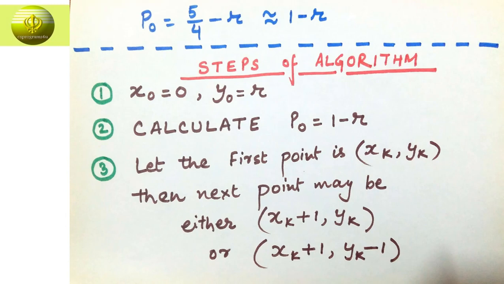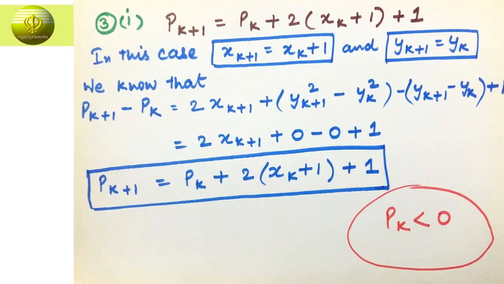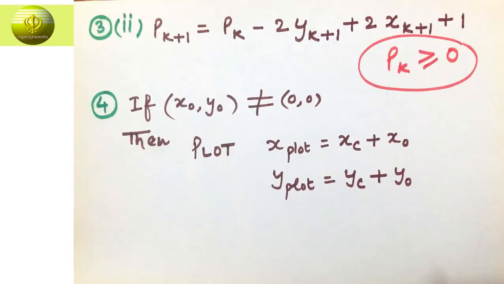Now, at both the points, we have to calculate the value of pk plus 1 minus pk. That's why we have calculated third one and third two. Third one, the value of pk plus 1 is equal to pk plus twice of xk plus 1 plus 1. I have already discussed this.